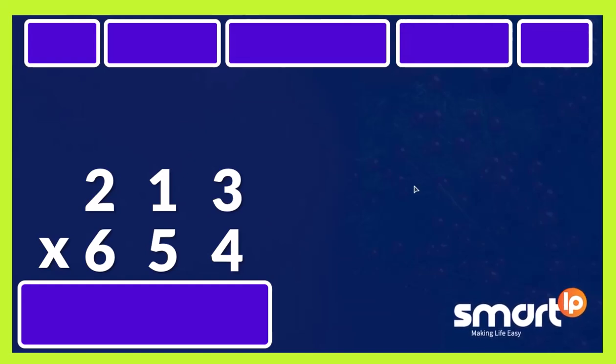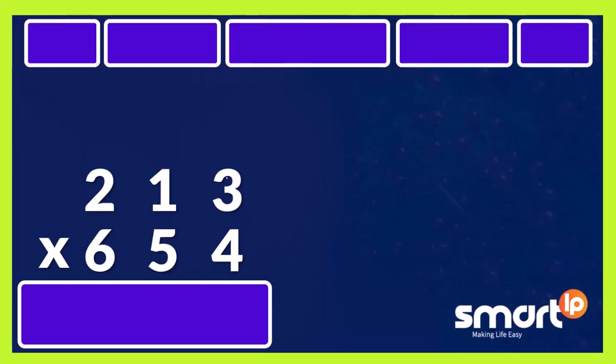Okay, in order to visualize things, I've created 5 boxes that could help us to visualize things better. In this example, we're to multiply 213 by 654. Step 1: take the last digit of both numbers.